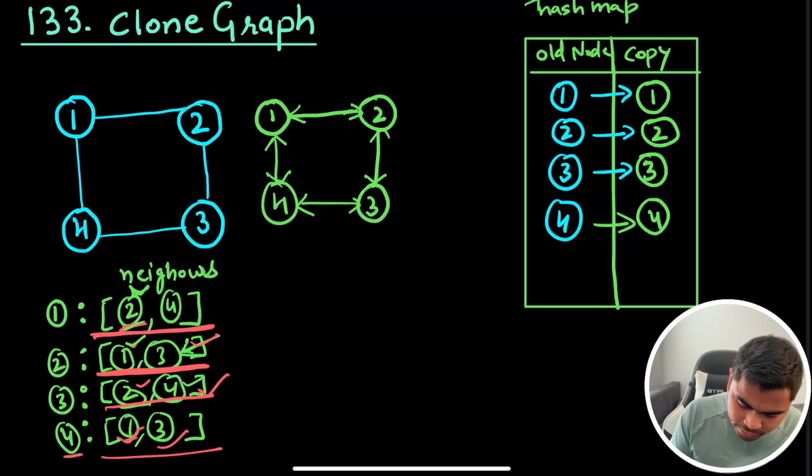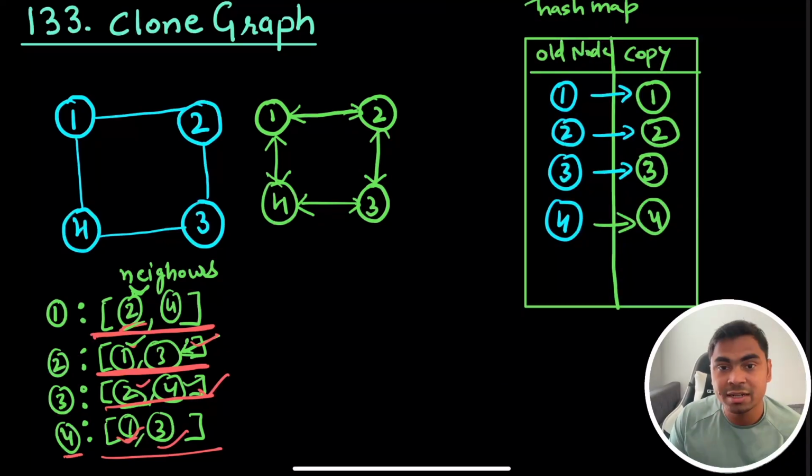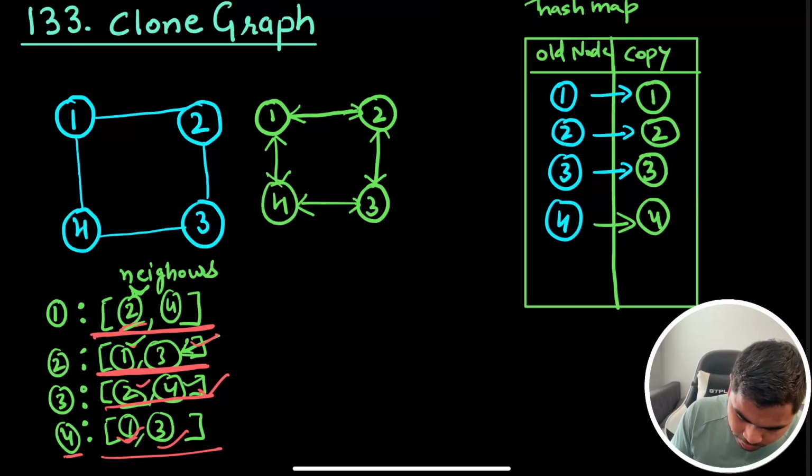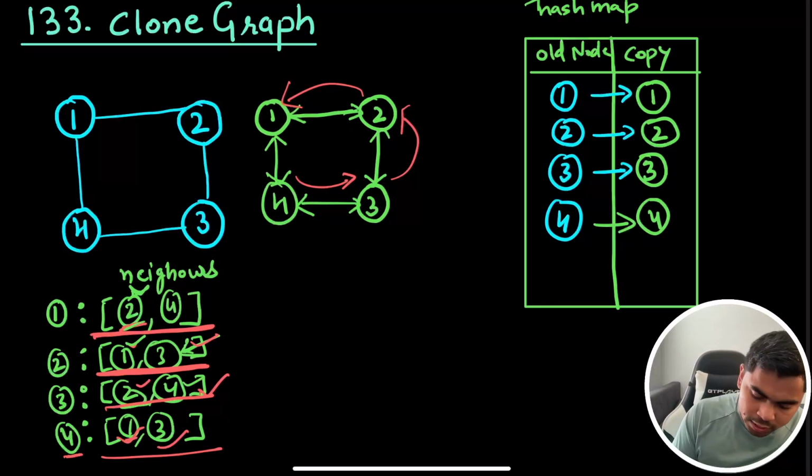Our control is being returned from this recursive DFS function from here to 3 to 2, and 2 to 1, and that's how you return this graph.